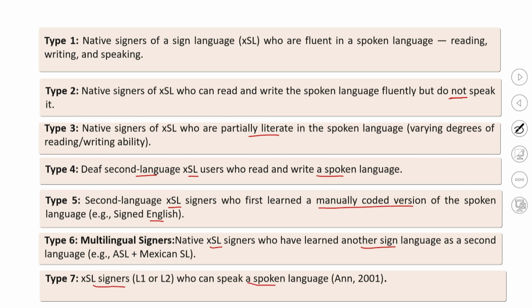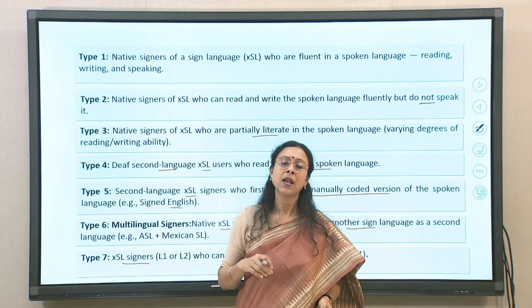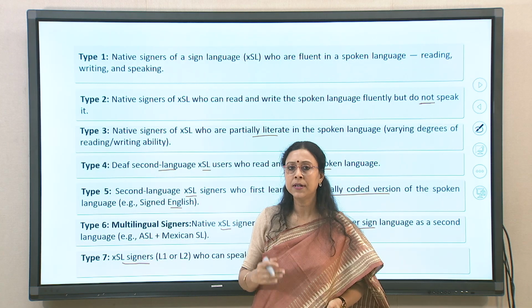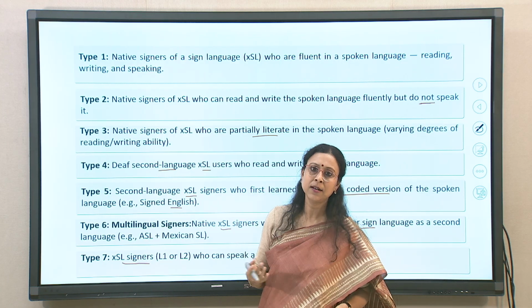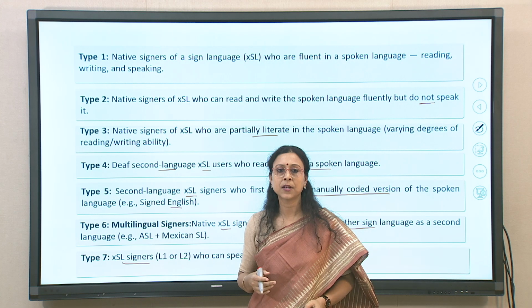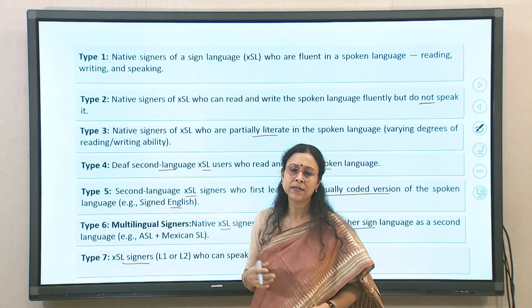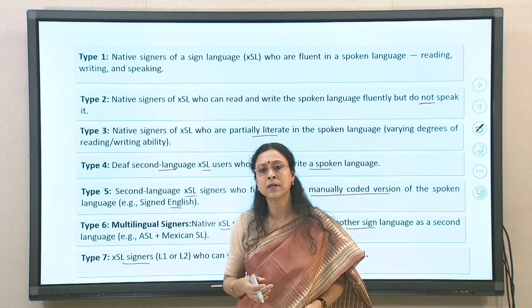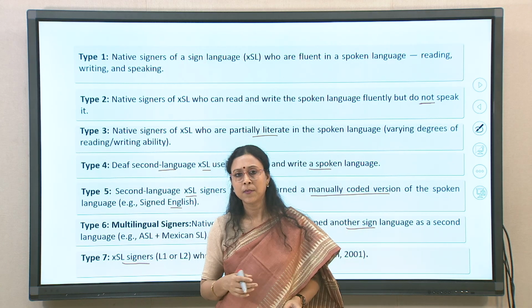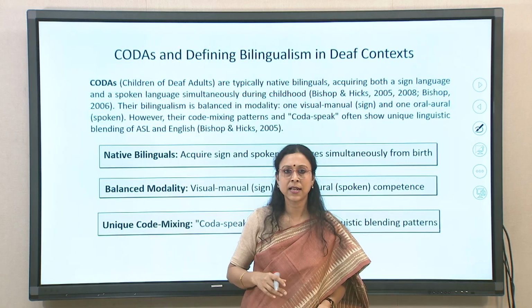So, these are the probable varieties or the types of bilinguals in the deaf context. They can sign in one language and speak another, or read or write another, and there are all these 7 types of possibilities. It is a very detailed classification actually, mostly covering all the possible types.